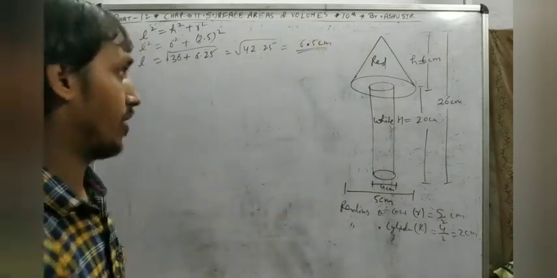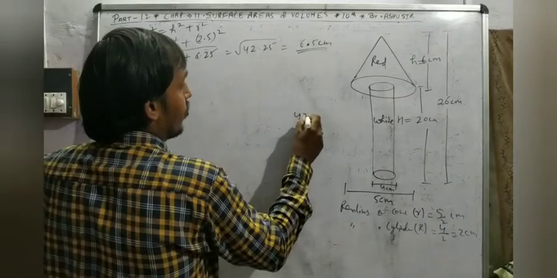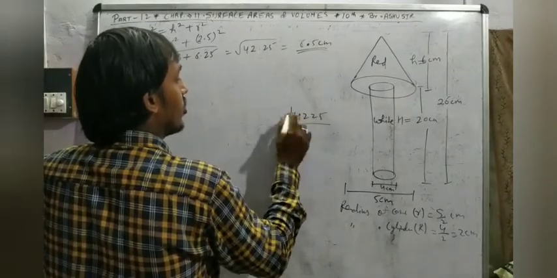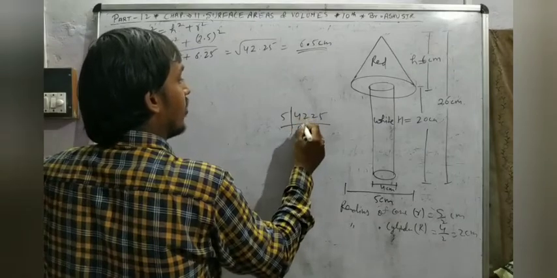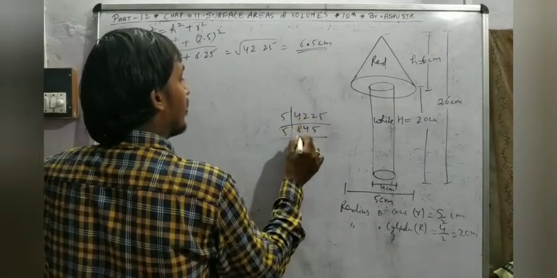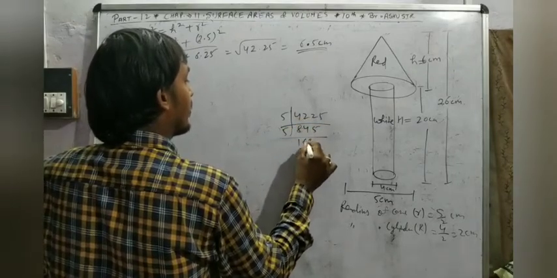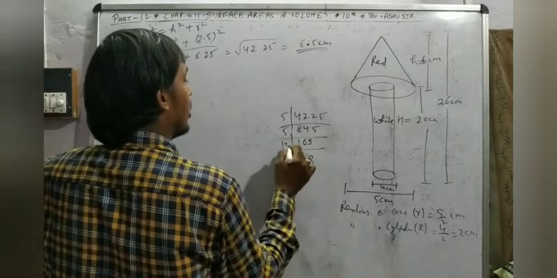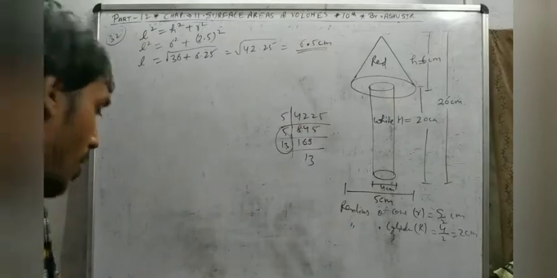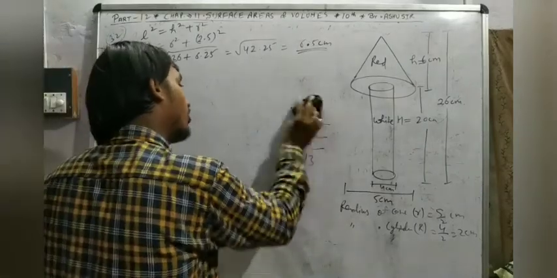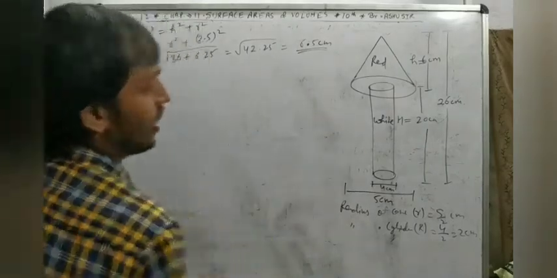Let me check it by multiplying: 65 times 65 is 4225, yes. So we have the value of the slant height for the conical part.